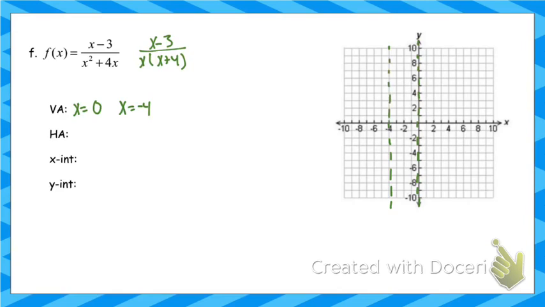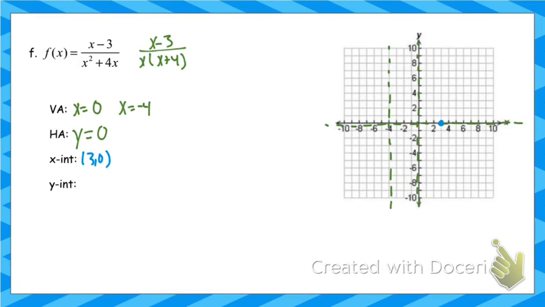Horizontal asymptote, degree of the top, degree of the bottom, bottom heavy. So we'll go ahead and graph that as well. X-intercept, set the top equal to 0, which is on my horizontal asymptote.